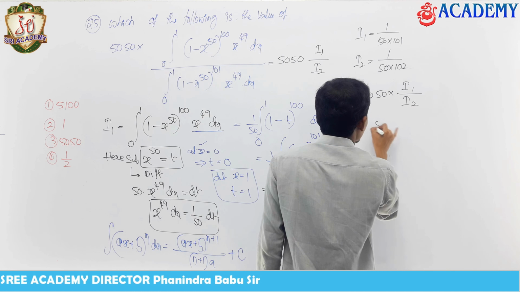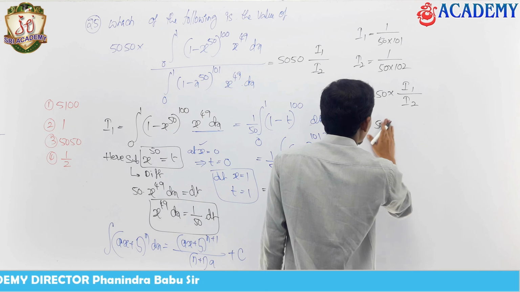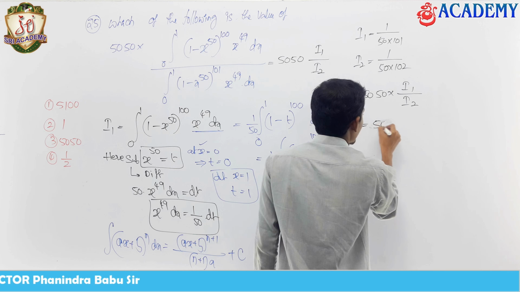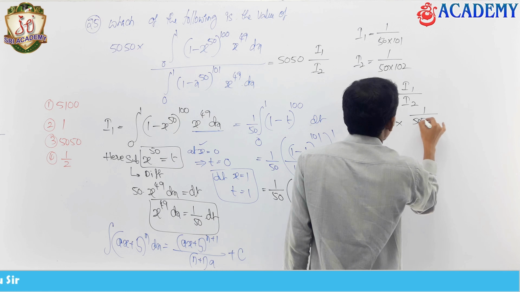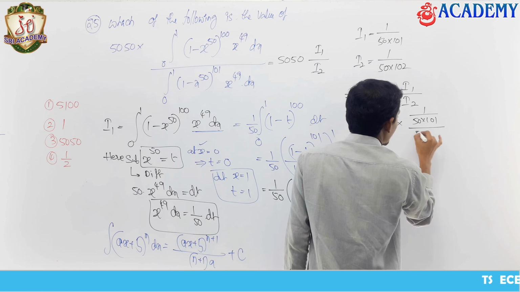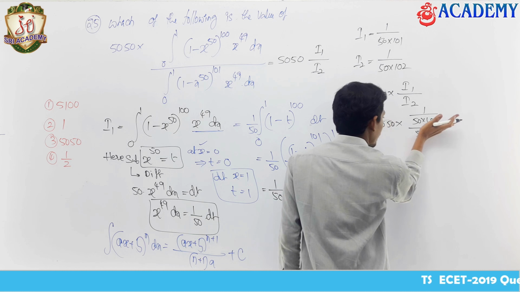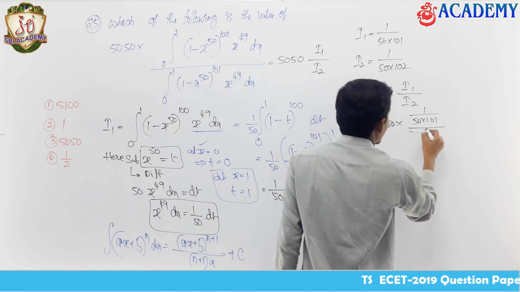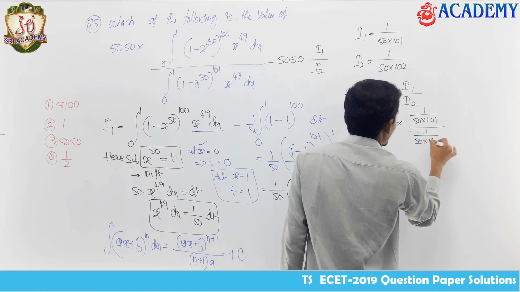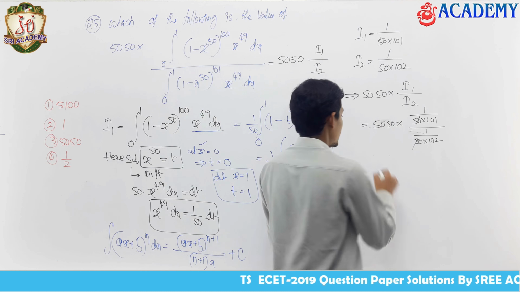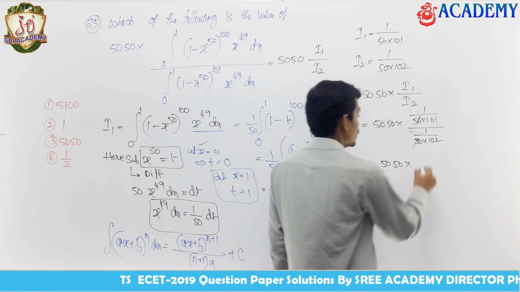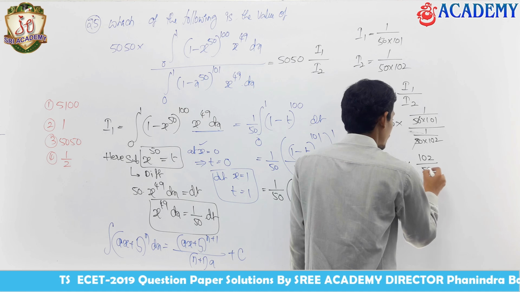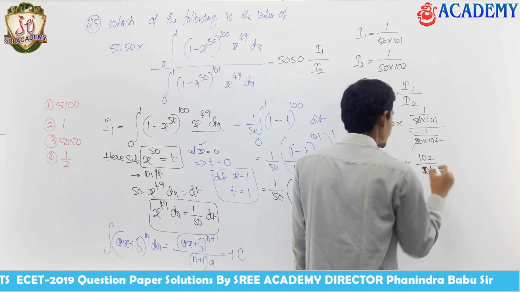That is nothing but 50 into 50 into 1 by 50 into 101 divided by 1 by 50 into 102. 50 gets cancelled. That is 5050 into 102 divided by 101.